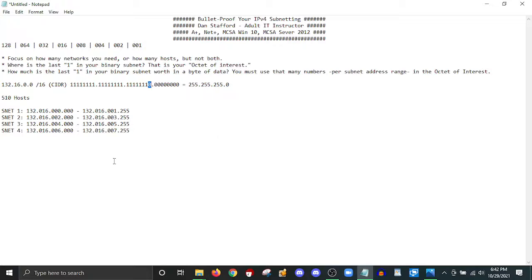So you can see really quickly that it's kind of important to know your doubling, right? So 1, 2, 4, 8, 16, 32, 64, 128, 256, 512, 1024, 2048, 4096.